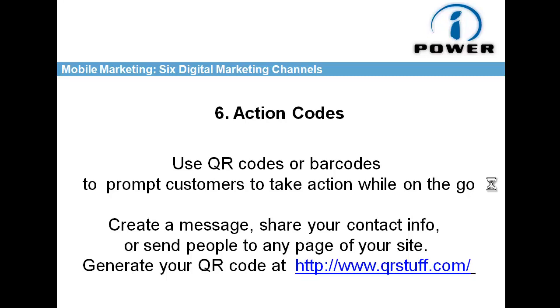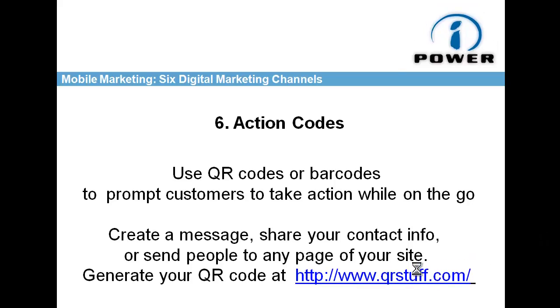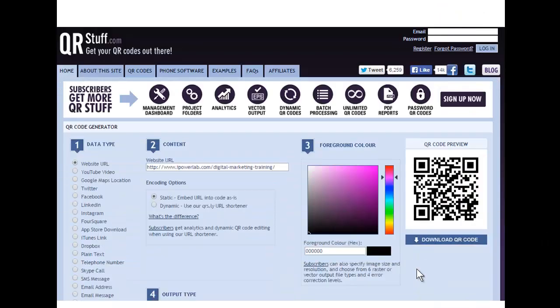So let me show you how it works. You can generate various action codes on a website like this one, QR Stuff, and when you go there you can choose what type of message you want to send to your customers. So I chose website URL.